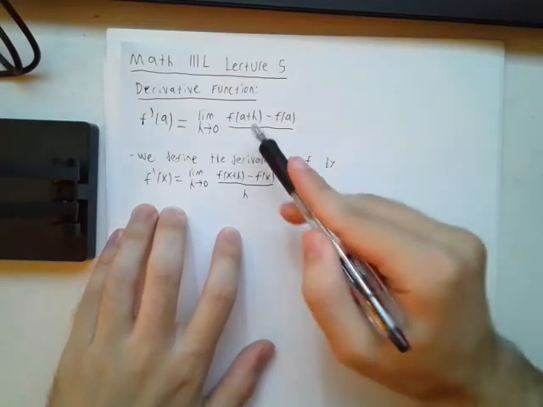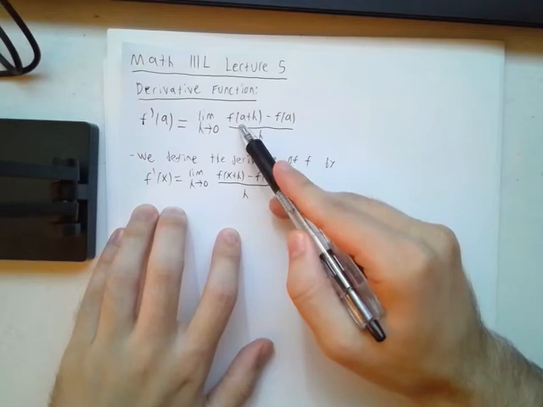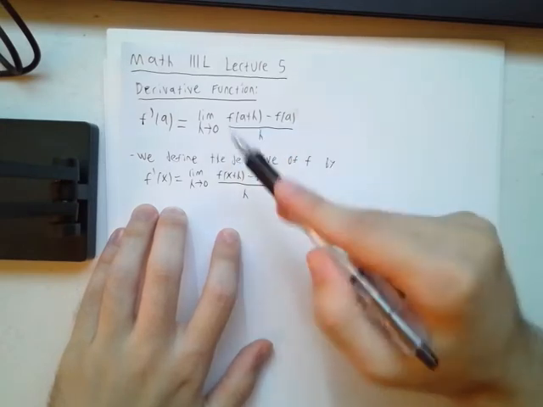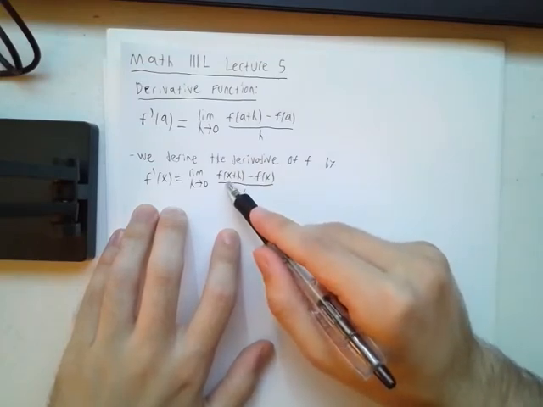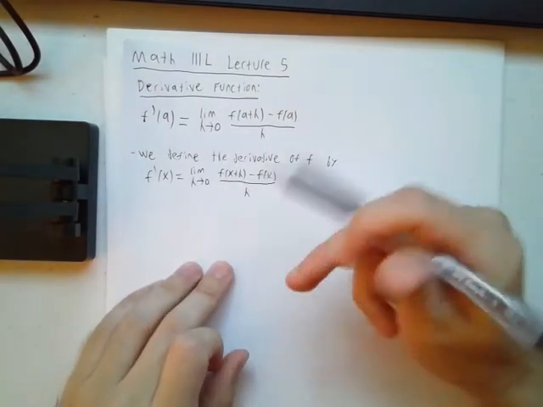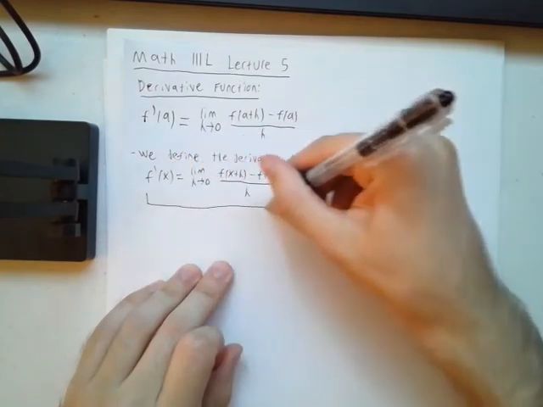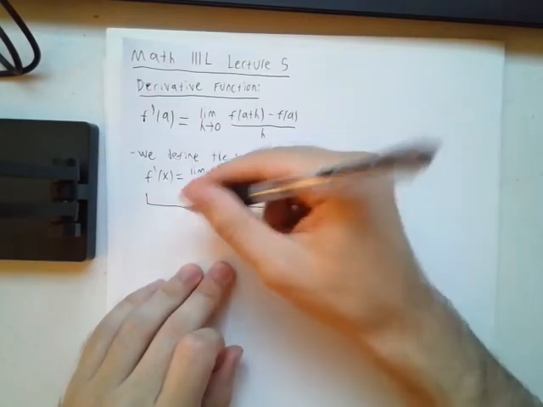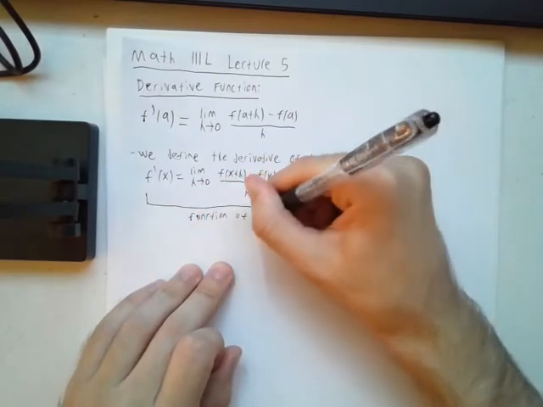Well, in this one, a is a specific value that we plug in. So we plug in some number and then we do the calculation. Here, x is a variable, so we don't plug in any number for x yet when we go to calculate the derivative. So in particular, this thing depends on x, so the derivative is actually a function of x.